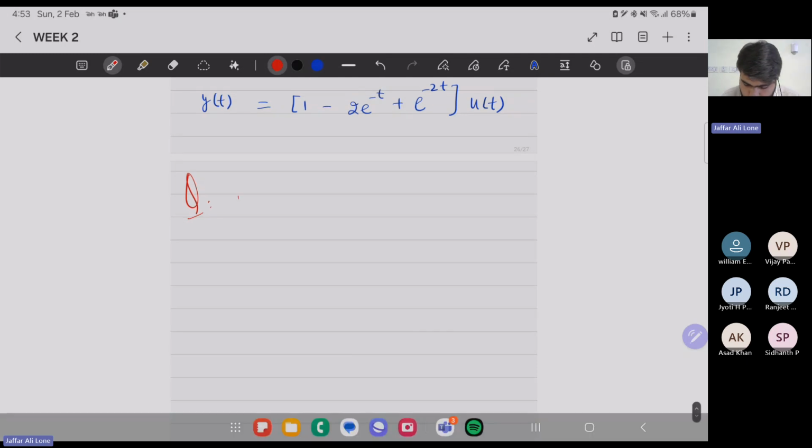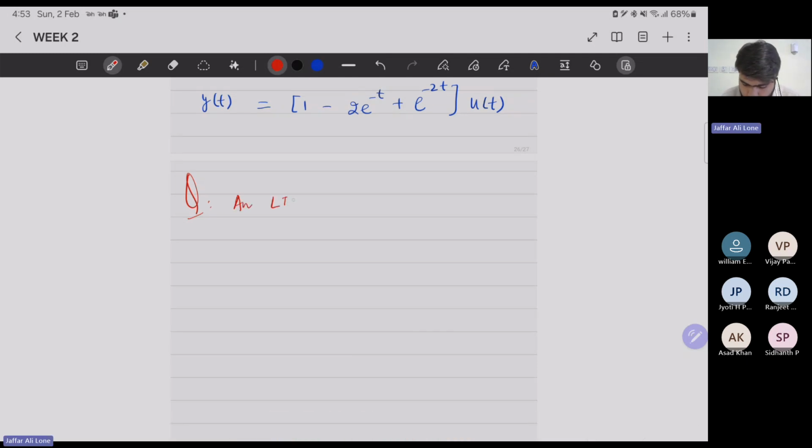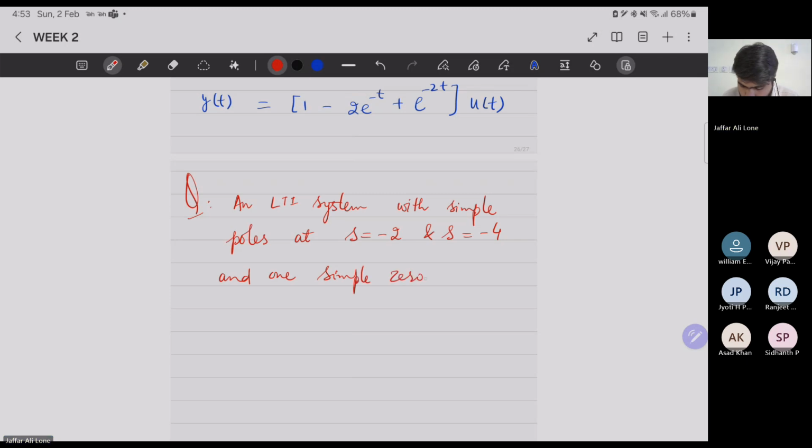We are given an LTI system which has a rational transfer function with simple poles at s equal to minus 2 and s equal to minus 4, and one simple zero at s equal to minus 1.